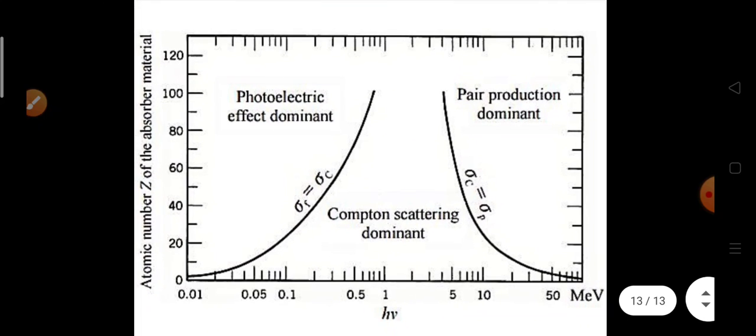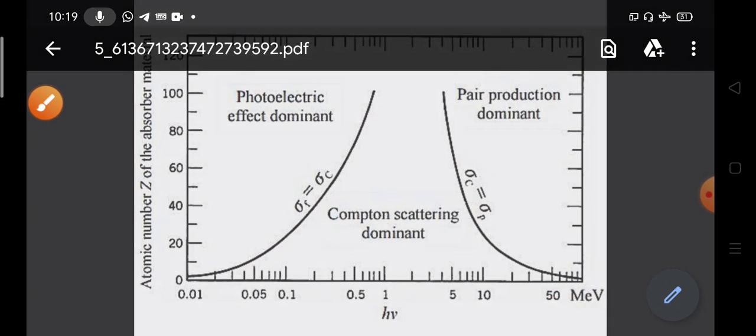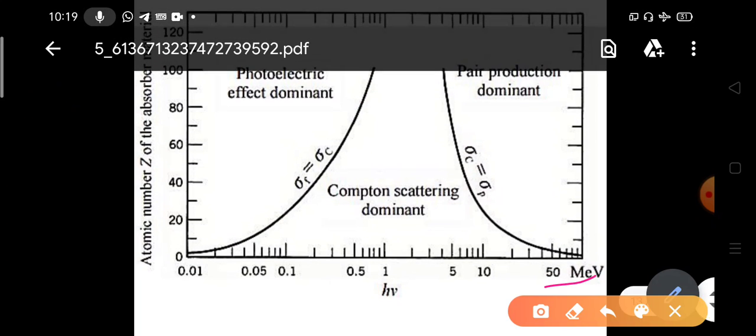Now we should know when the photoelectric effect will dominate, when the Compton scattering will dominate, and when the pair production will dominate. This is all light matter interaction. So the photoelectric effect will dominate in the order of this amount. The energy is plotted in MeV order, and this is the atomic number of the absorber, the medium, and this is the incident energy.